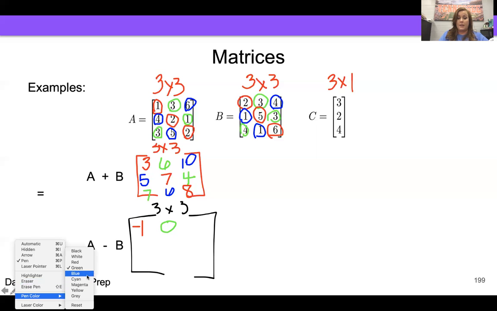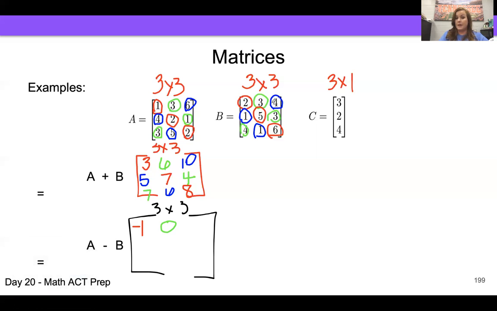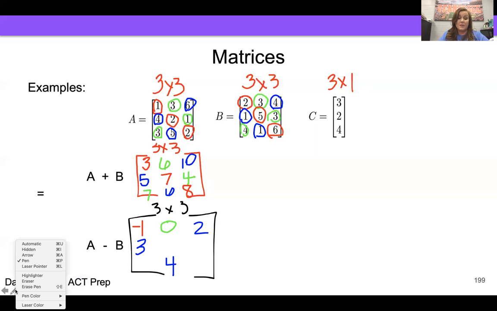And then 6 minus 4 gives me 2. And again, you keep going. I'm going to use the same pen color. 3. And you might want to have colored pencils on something like this. It does help.